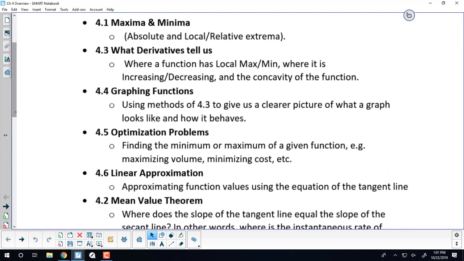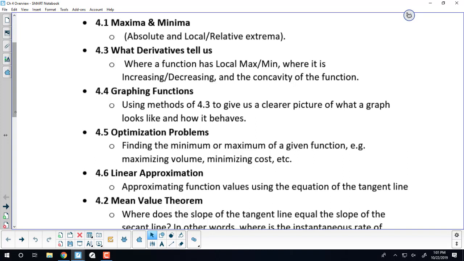So yeah, most of them are mathematical applications except for 4.5, which we'll save for last. Really 4.1, 4.3, and 4.4 all tie together. We're just trying to get a better picture of what a function looks like, or what its graph looks like, in 4.1, 4.3, and 4.4.